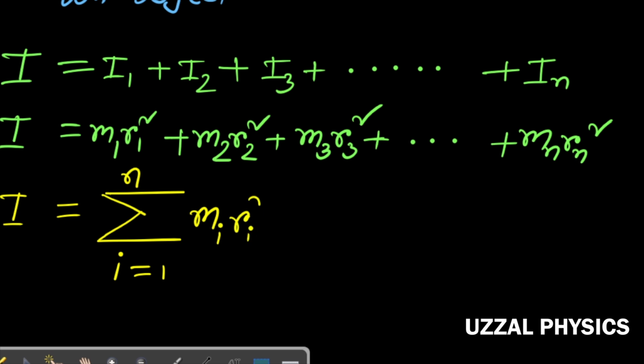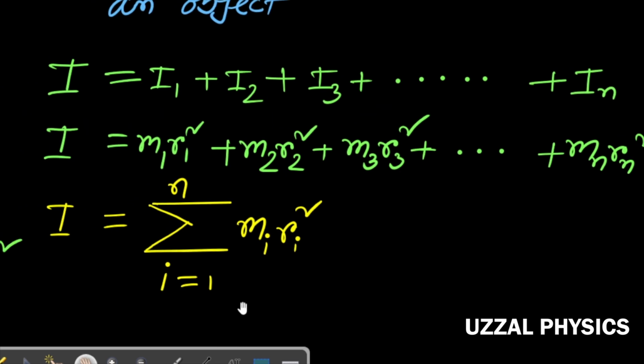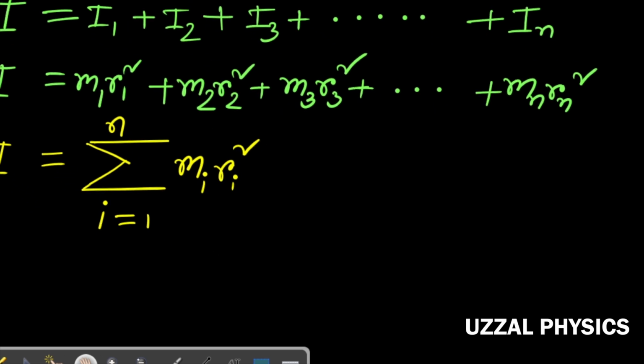This is the special technique to represent the moment of inertia of an object. Now the value of i runs from 1 to n, so i is equal to 1, 2, 3, 4, up to n.